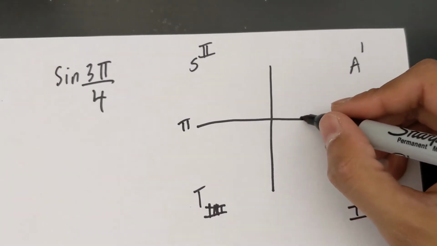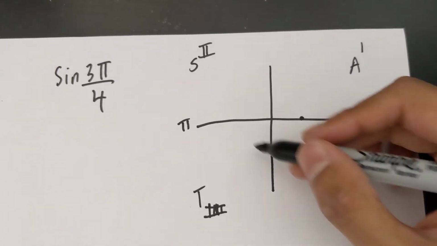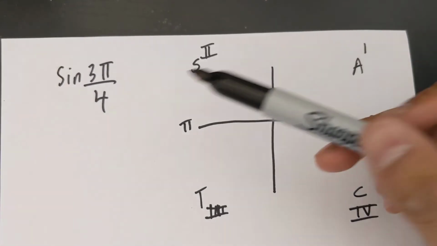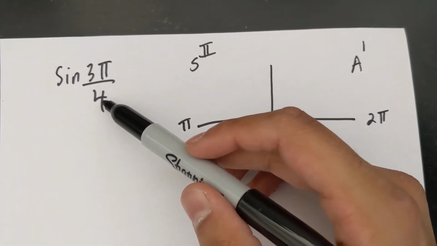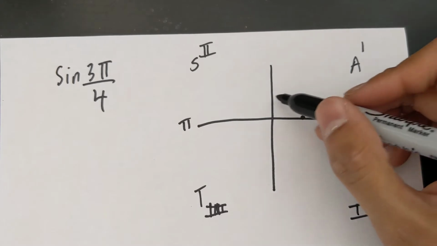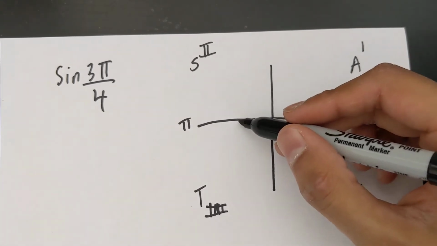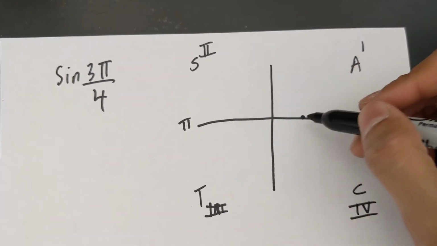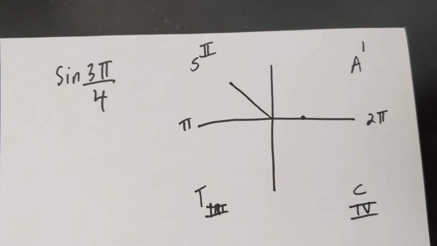We always start right here at this point and we go around in this direction for the positive, that direction for the negative. Now if you want to figure out where 3 pi over 4 is, the easy way to do it is to look at the denominator. So 4, you want to split this half of the circle into 4 pieces. So basically 1, 2, 3, 4, which means 3 pi over 4 is 1, 2, 3. It's going to be right over there.